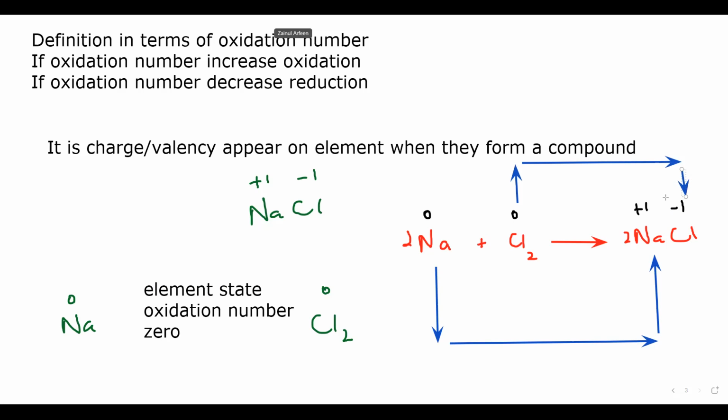So what happened to the oxidation number during the reaction? What happened to the oxidation number of sodium? It was 0 initially and then it became 1. So did it increase or decrease? 0 became 1, so it increased. Sodium in element state had oxidation number 0, but here the oxidation number increases.